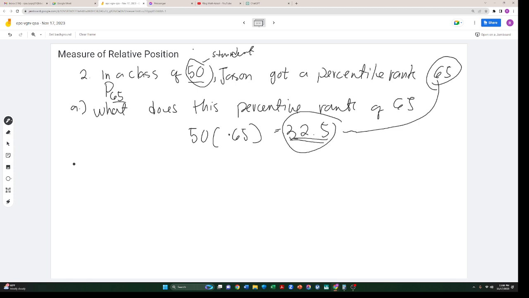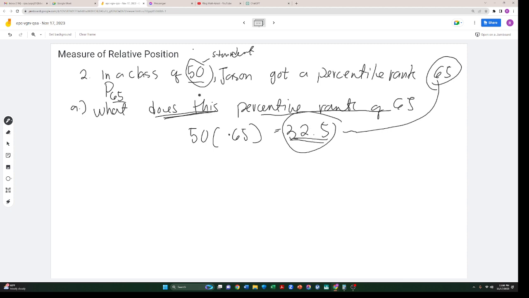So, that is how to answer. The question is, what does this percentile rank of 65 mean? What is the number, the score or percentile points, which is 32.5.